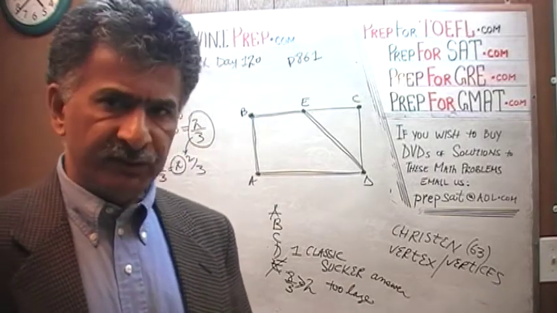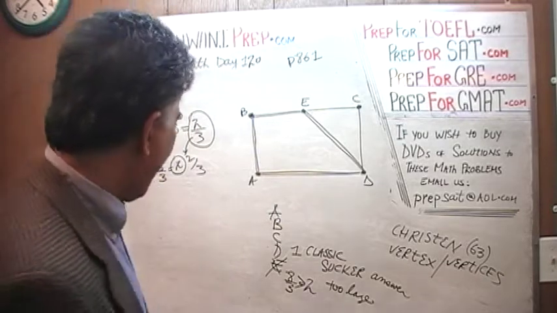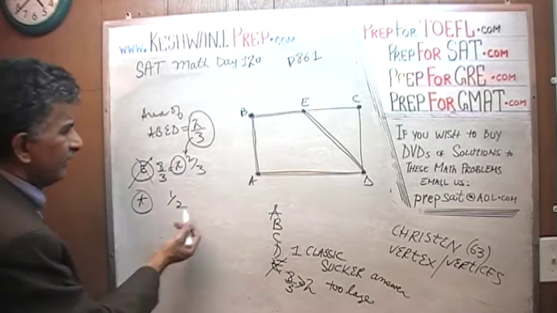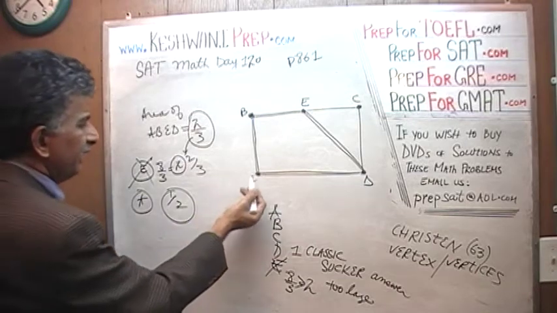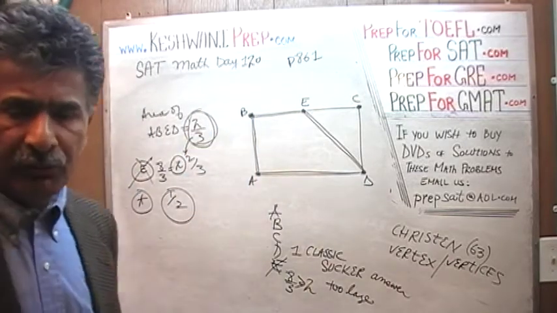What else can you cross out? I just realized that there is one more silly, idiotic answer, which is half. How can the area of the entire thing ABCD be half when the area of ABED is 2/3? It makes absolutely no sense.